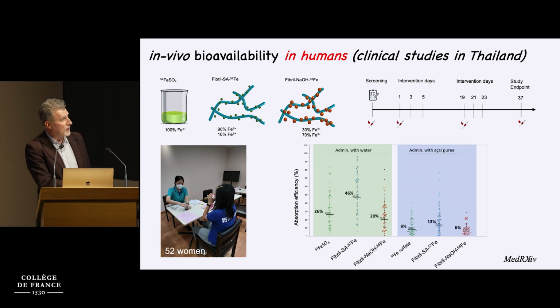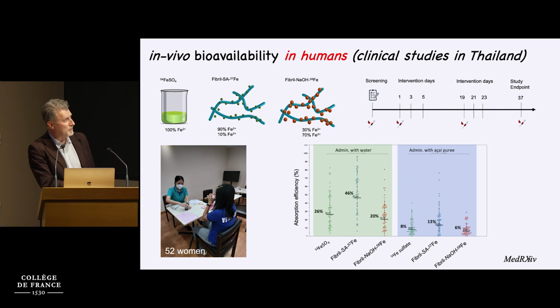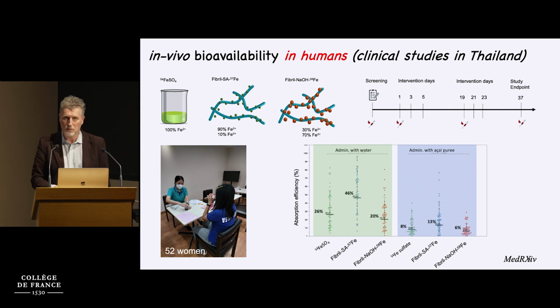We did another control. Here we use a food formulation which contains a lot of polyphenols. Polyphenols are known to quench the bioavailability of iron, and you see still in this case, of course, the bioavailability goes down. It's intentional, but we still remain either above or comparable to iron 2 sulfate.